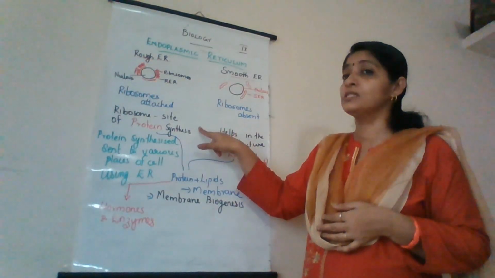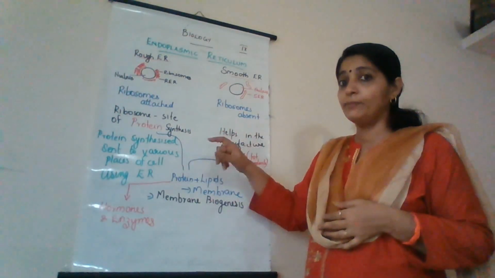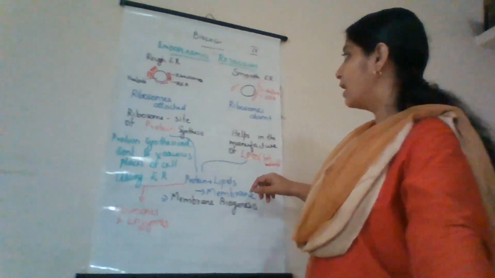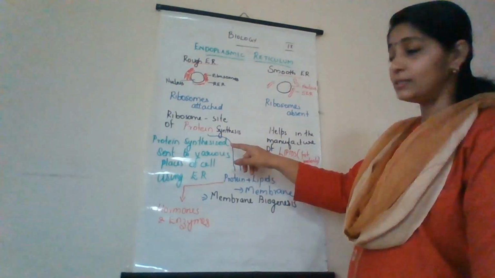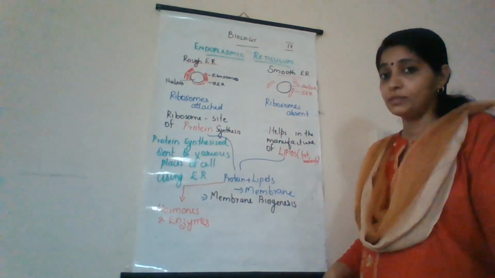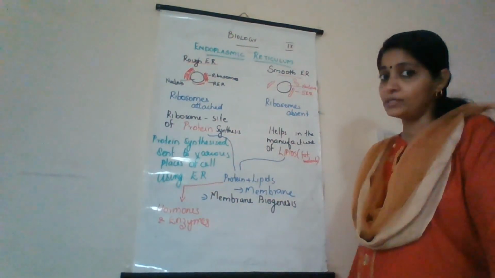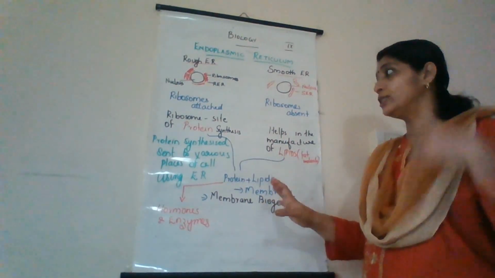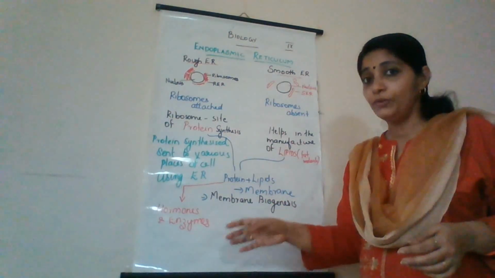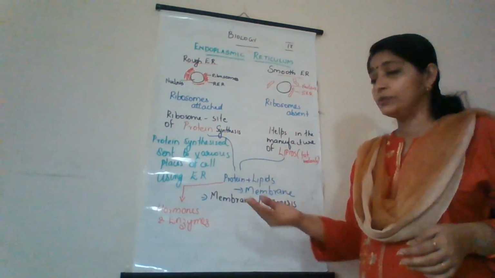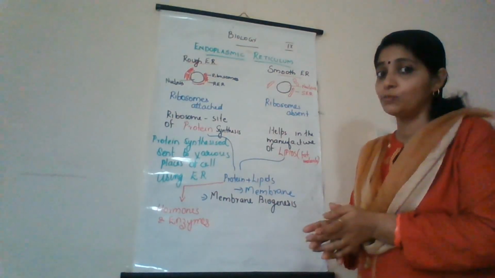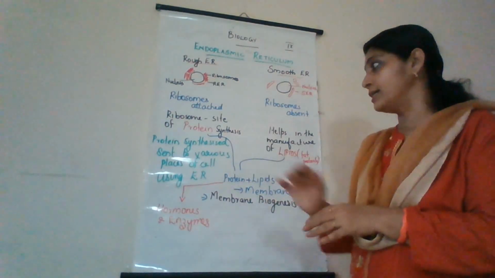The protein synthesized is sent to various places of the cell using the endoplasmic reticulum. They are actually like a network. Endoplasmic reticulum helps in the transport of the protein which is synthesized.